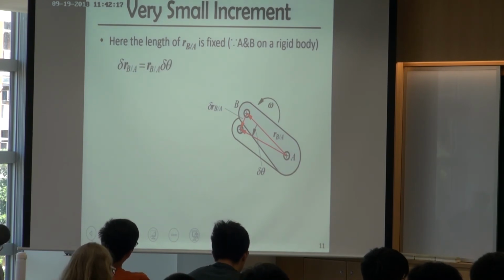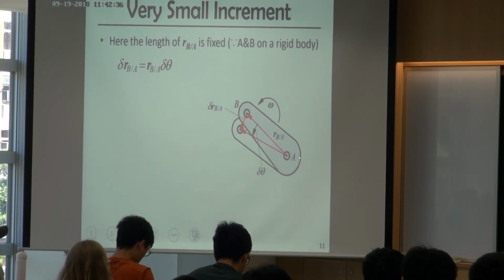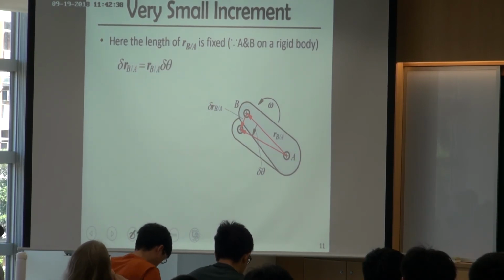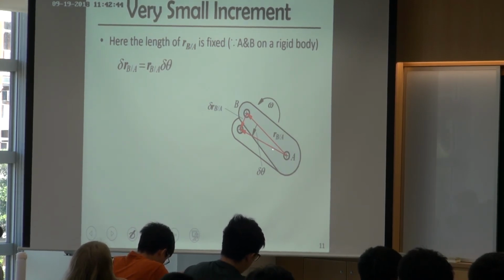So suppose with a very small increment of time, the bar moves a little bit. It moved from this gray position to this white position. Because right now we only consider the relative displacement, we see this A as the origin. So BA is rotating about the origin.